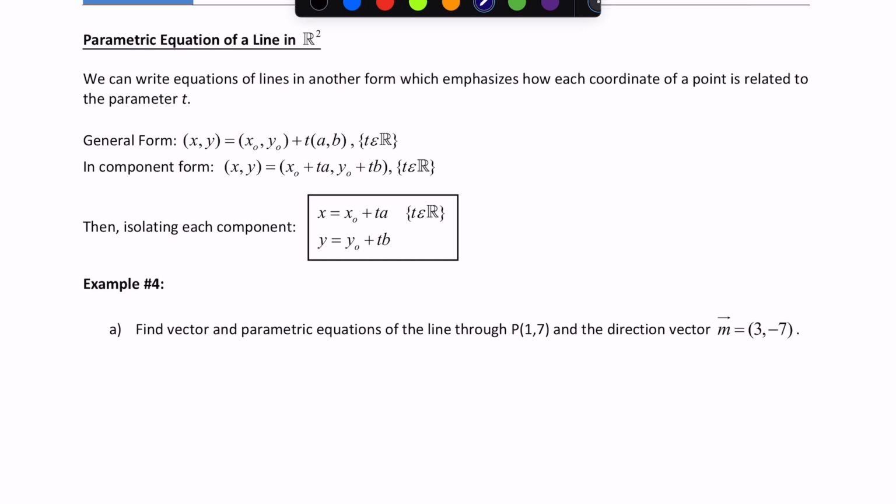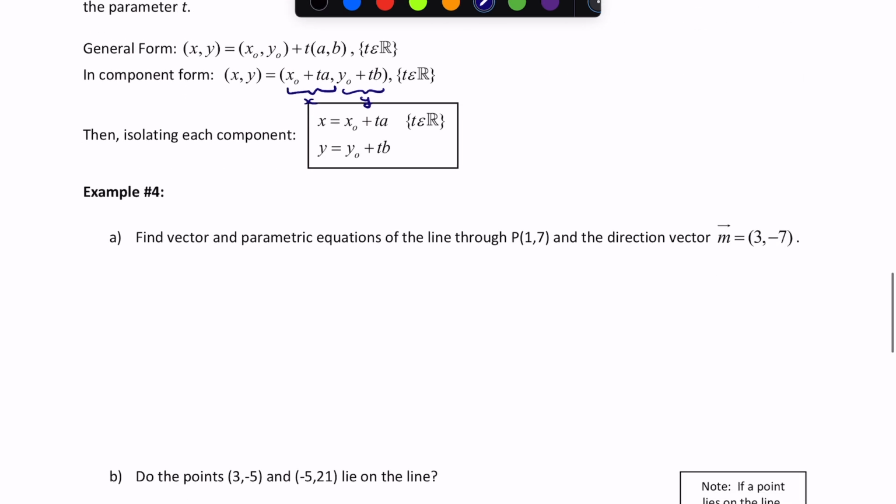In component form, we can write it as (x, y) equal to (xo plus ta, yo plus tb). And so this is the x and this is the y. And so isolating for each component, we see that x is equal to xo plus ta, and y is equal to yo plus tb, where t is an element of the real numbers.